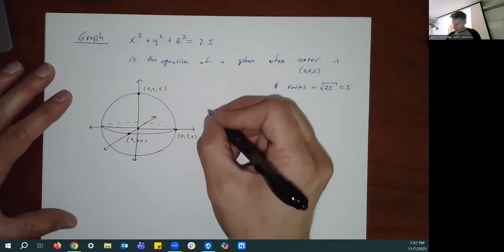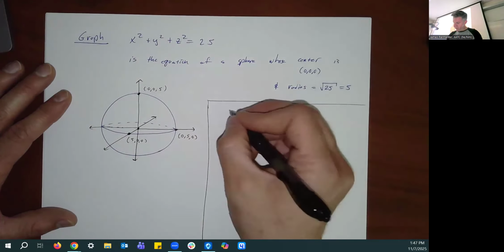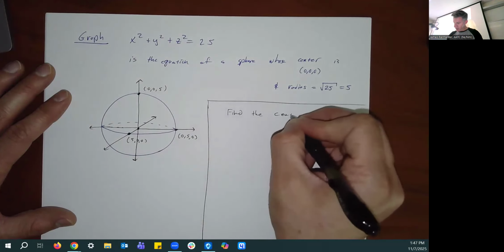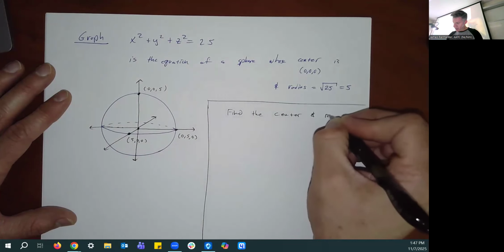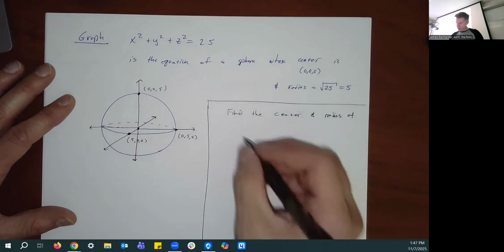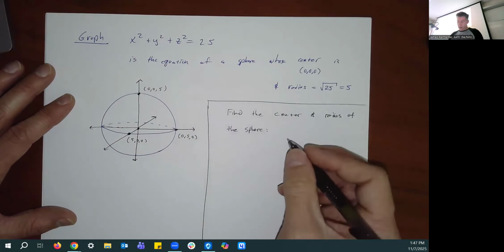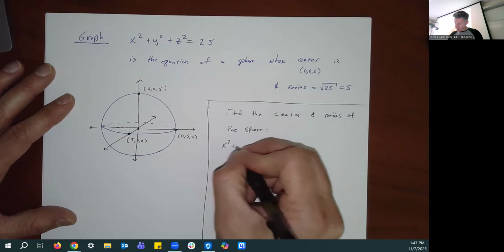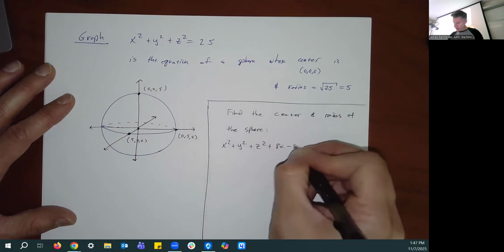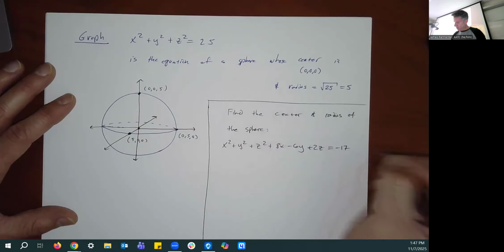So here's a new, related question. We want to find the center and radius of the sphere given by the equation x squared plus y squared plus z squared plus 8x minus 6y plus 2z equals -17.